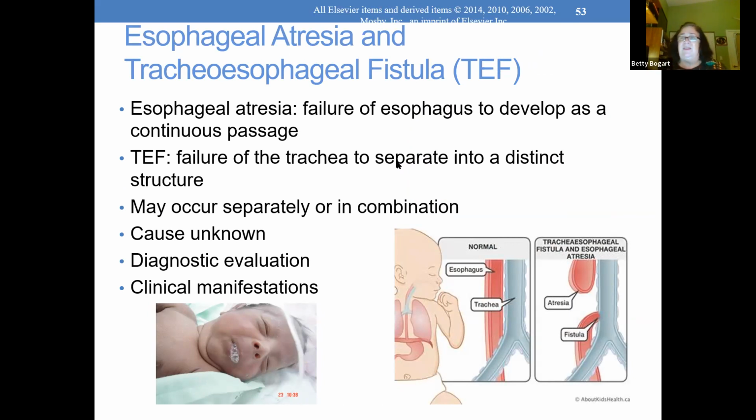Either one of them, it doesn't matter. You swallow something, where is that swallow going to go? Into the lungs. If it can't go down, it fills up the esophagus, and where is it going to end up going? Into the lungs. And if you put it down the esophagus with a fistula, it goes directly into the lungs. So this child gets absolutely nothing by mouth.